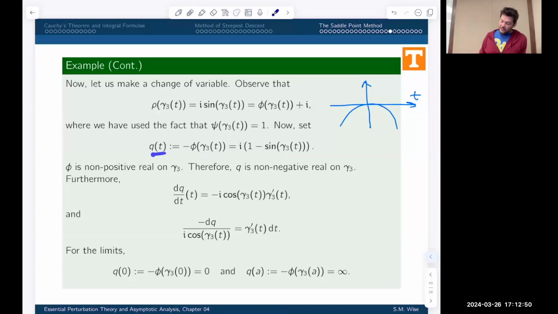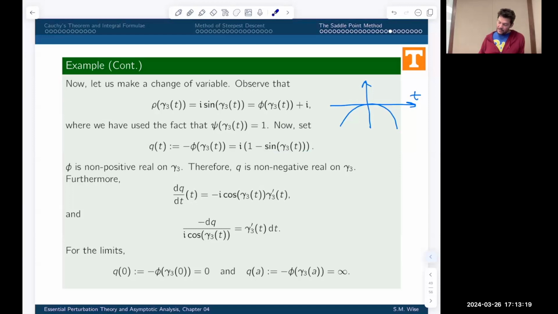The new variable is going to be q, the old variable was t. The new integration variable is going to be q. So let's solve for minus phi of gamma 3 of t. To do that, I just move everything to the other side, so I get I minus I sine gamma 3 of t, correct?